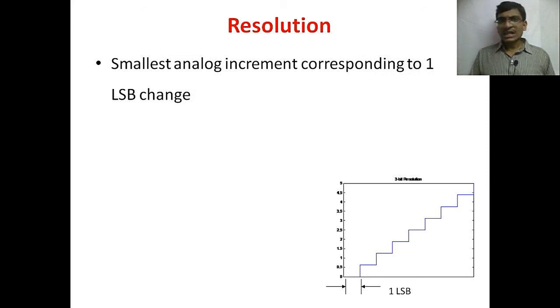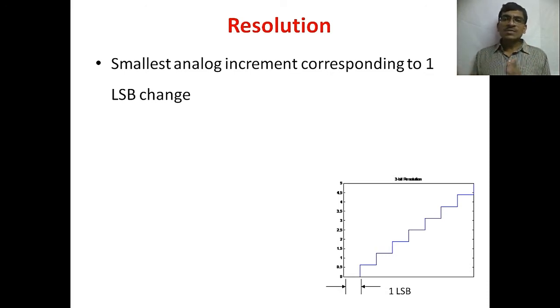Resolution can be defined in two ways. It is the smallest analog increment corresponding to a one LSB change, which means that when we change the LSB value at the input side. For example, if 100 is the binary input, it has some output voltage of 1 volt.